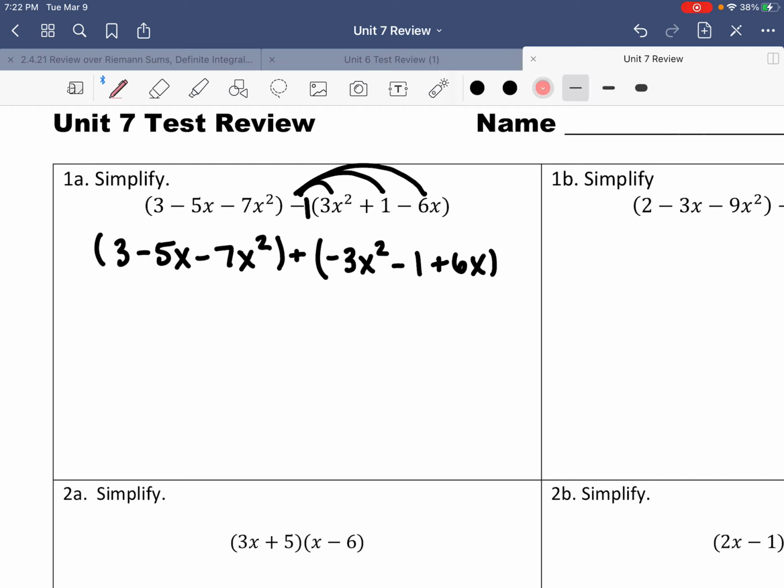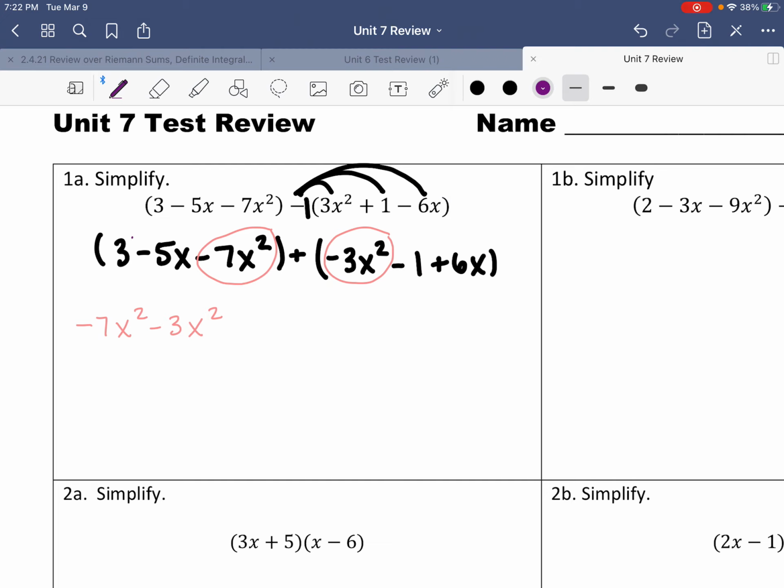So now I just need to find my like terms. Let's start with the highest exponent, which is the x squared. So -7x squared, that's a like term with -3x squared. So I'm going to write those two together: -7x squared minus 3x squared.